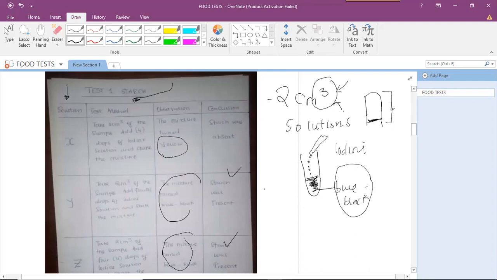And don't forget your principle behind the test, because starch is made up of a lot of amylose repeating units. It has the ability to combine with iodine, forming the iodine amylose complex that is able to absorb light at a certain wavelength and emit blue color at another specific wavelength, so the blue wavelength.